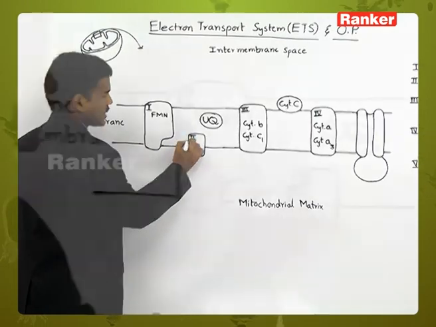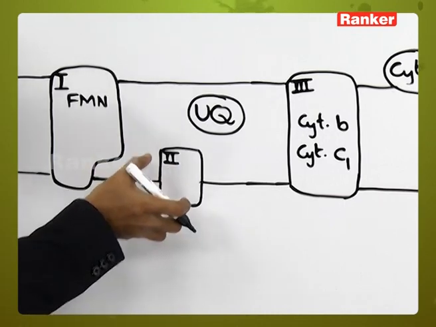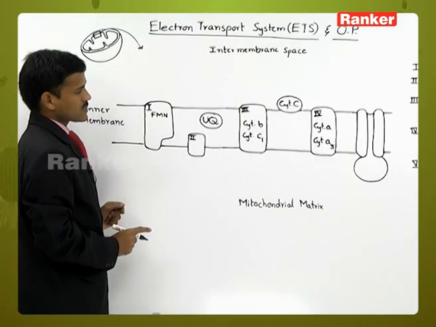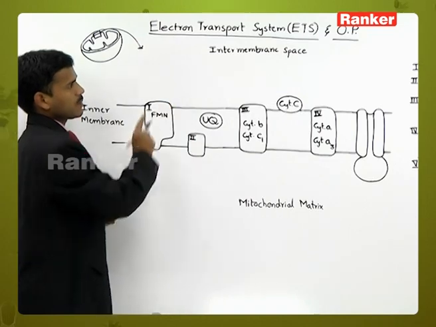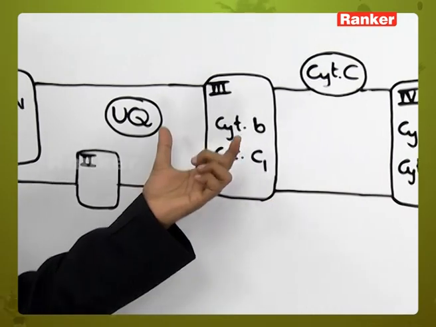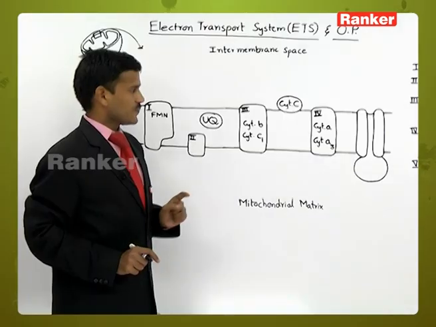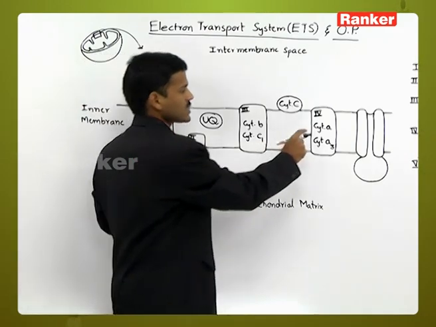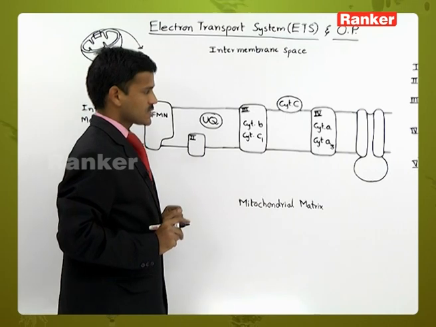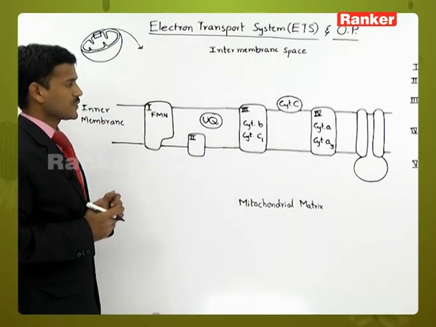But the second complex is attached on the membrane and exposed only to the mitochondrial matrix, not to the intermembrane space. The third complex has cytochrome B and cytochrome C1. The fourth complex has cytochrome A, A3, and 2 copper proteins. So these 4 complexes are involved in the electron transport.